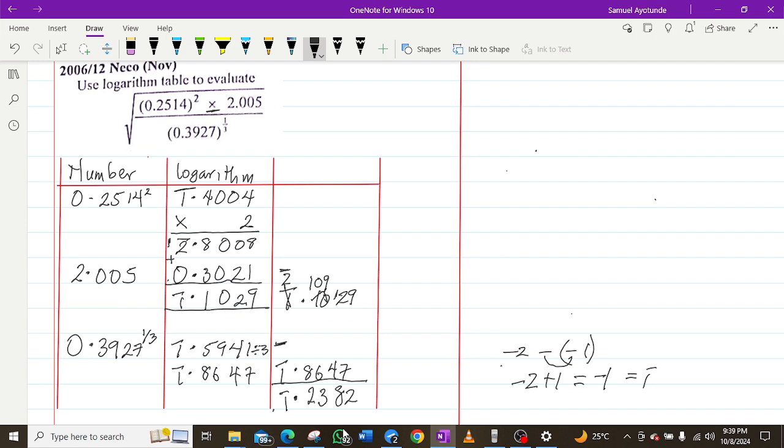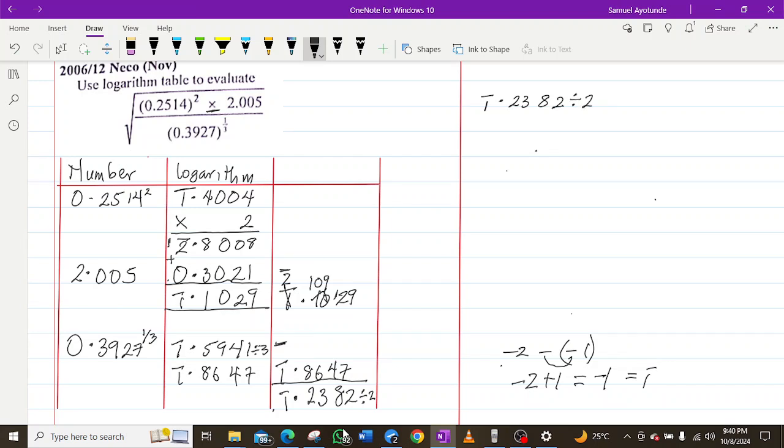All of them give this value, but we have square root on everything. And when we have root, we divide. So square root, we divide by 2. So I'm dividing 1 bar 0.2382 by 2.